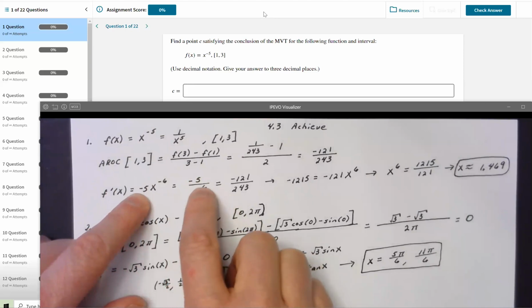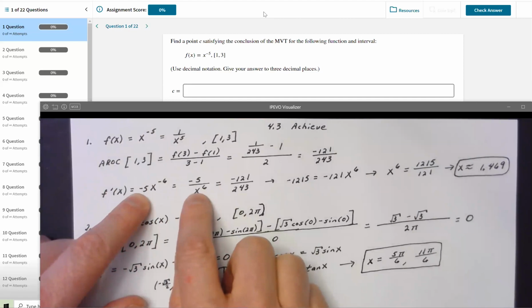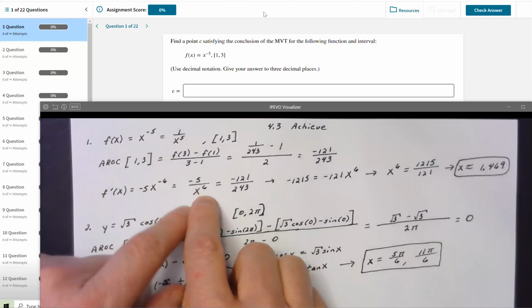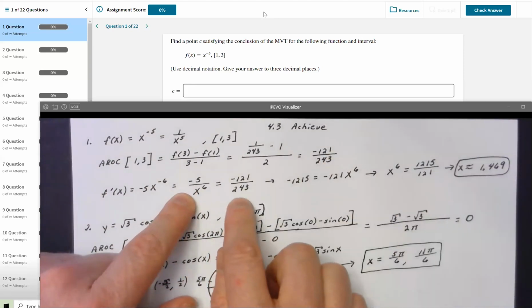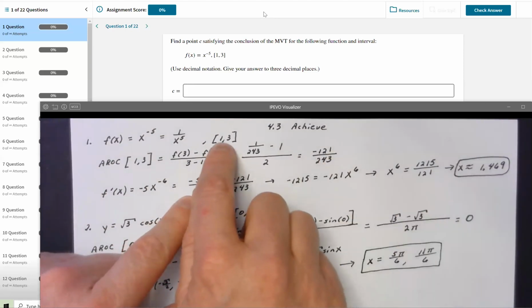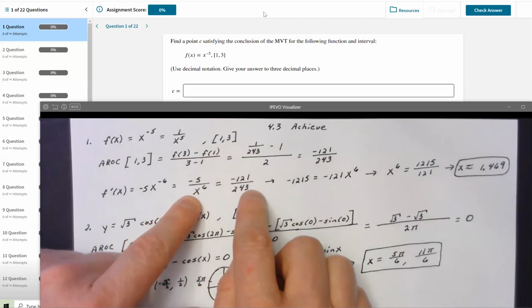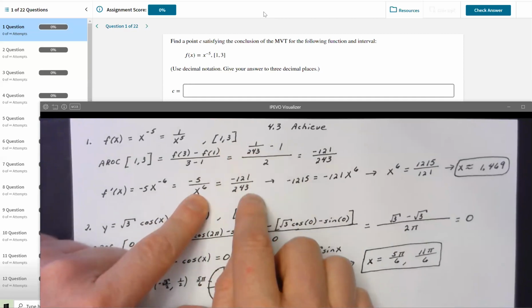Now, this is my derivative. The mean value theorem says that your derivative, the instantaneous rate of change, must equal that average rate of change for some value of x in between 1 and 3. That's my goal. So I set the derivative equal to my average rate of change.